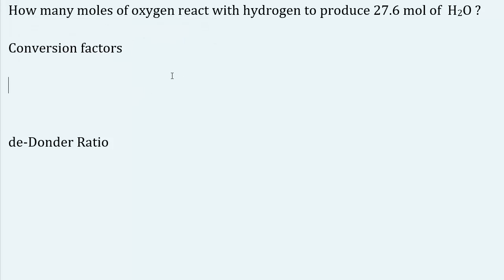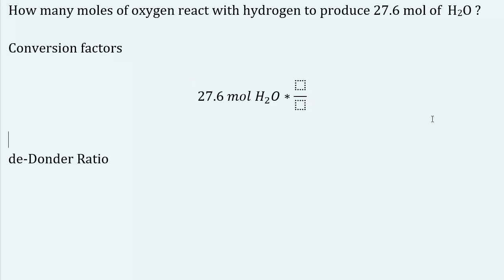In both cases, we will need the stoichiometric number to come out of a chemical equation adjusted by the law of conservation of mass. In the conversion factor technique, we take the data they give us and multiply it by the ratio of moles.